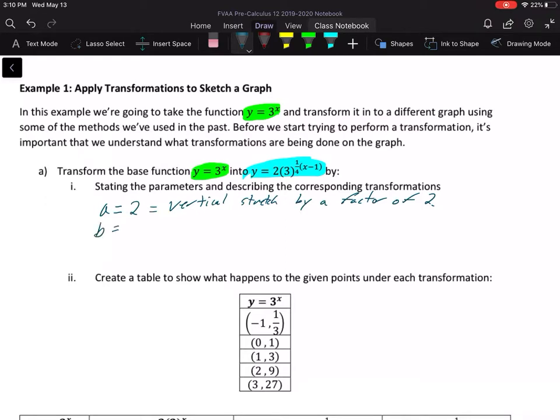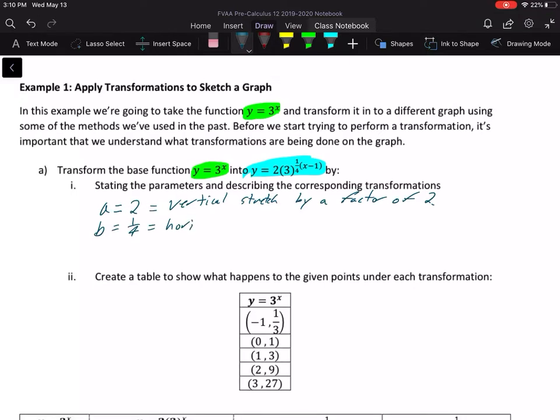B is equal to 1 over 4, which is going to mean that we're going to have a horizontal stretch by a factor of 4, not 1 over 4, but just by a factor of 4.